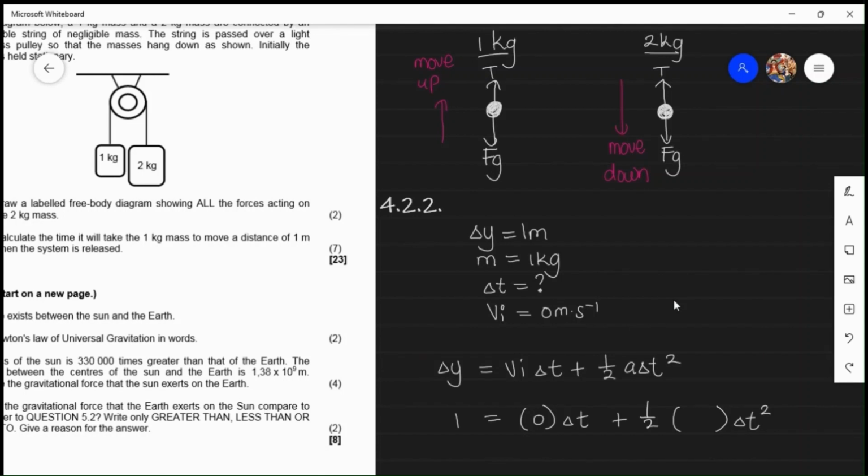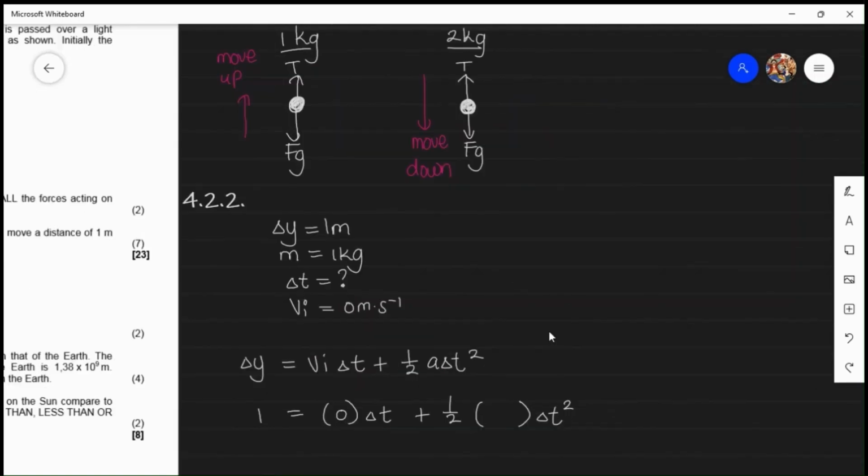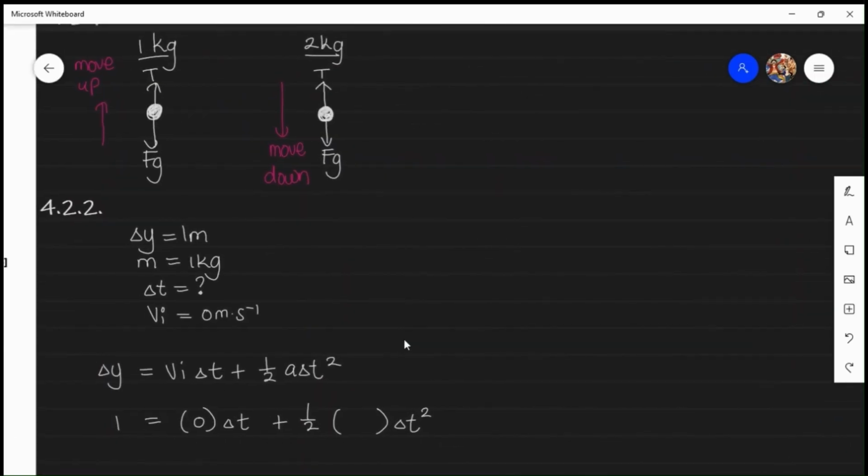So we're going to use the exact same method to try and find acceleration of this system. So let us do that.